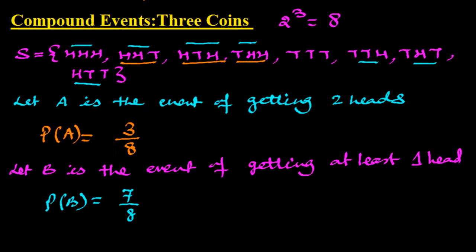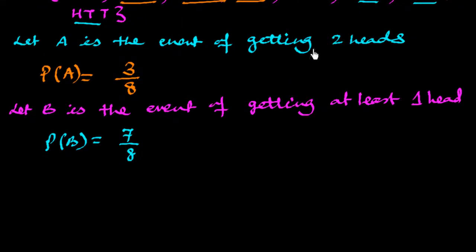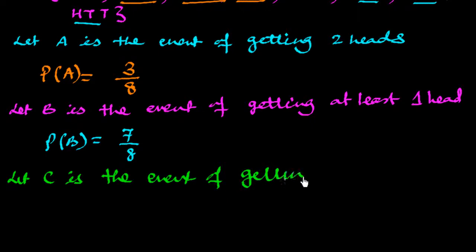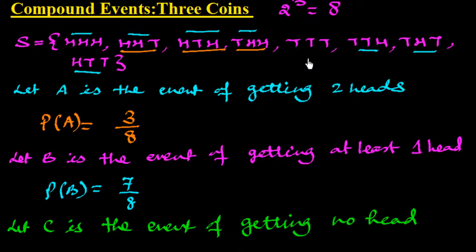If we want to know the probability of no head, let's see the event C of getting no head. Look at here in the sample space, there is only one option where we won't get any head, tail tail tail.